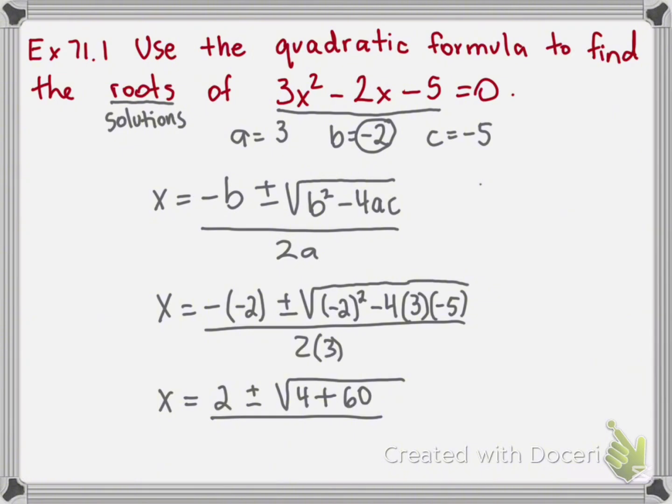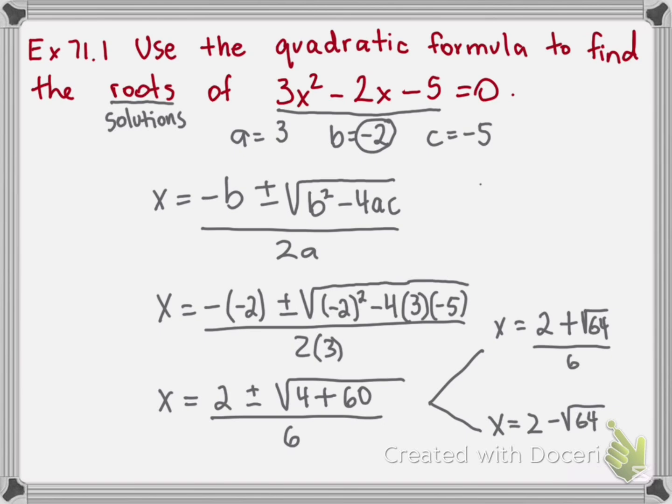And then that is 2 times 3, which is 6. Now from here, I'm going to have two answers. I'm going to add, so it's 2 plus the square root of 64 over 6, and also 2 minus the square root of 64 over 6.